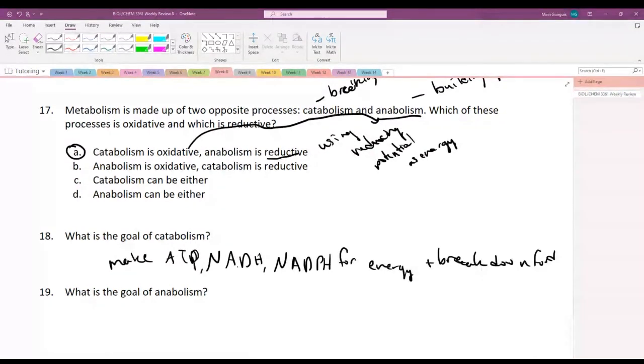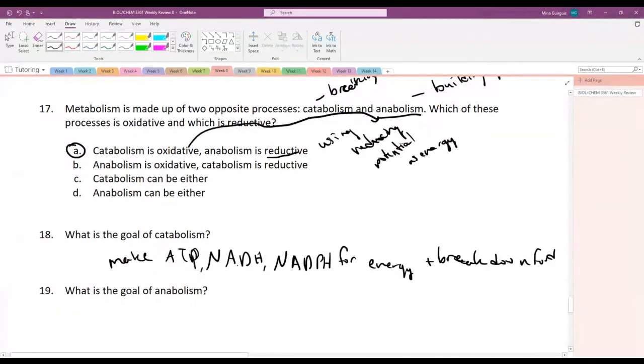Anabolism, and again, I'm going to give you the wordy, complex definition, and then I'm going to give you my definition. So anabolism is a reductive synthetic process in which complex biomolecules are synthesized from simple precursors using ATP and NADH, okay?